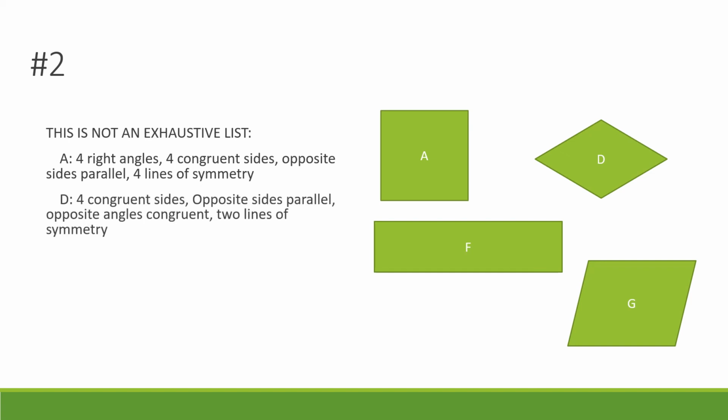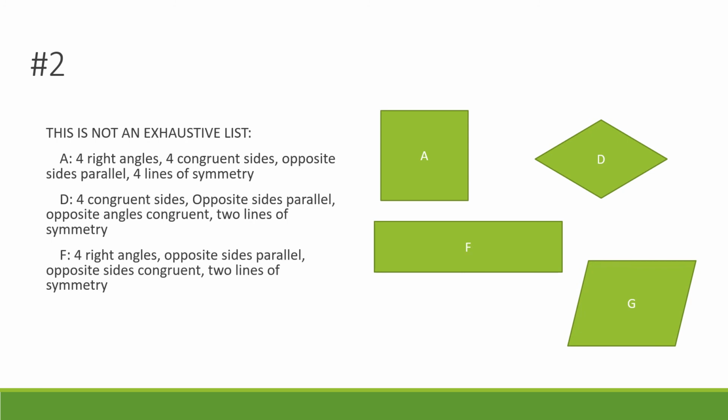Well, you can see it has 4 congruent sides, making it a rhombus. It has opposite sides being parallel. Not only that, it has 2 pairs of parallel sides, making it a parallelogram. Opposite angles are congruent. And you can also see the 2 lines of symmetry for a rhombus.